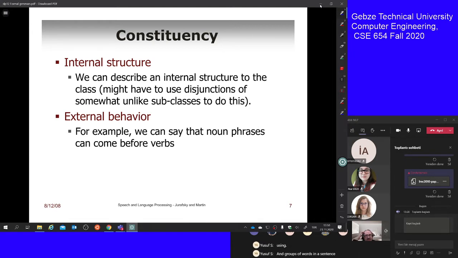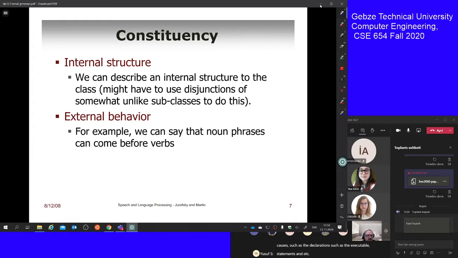It is similar in a programming language. Okay, for example, the constituencies in a C program could be maybe functions, right? So a C program could be a collection of function definitions, and each function is a constituency. But within the function, there are other constituencies, such as the declarations, such as the executable statements, and so on.